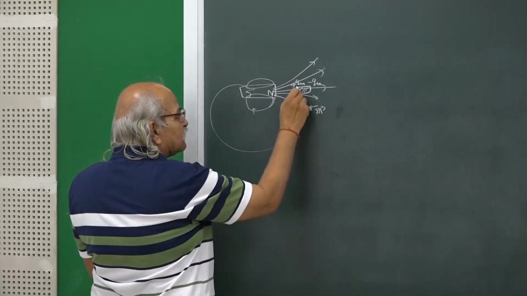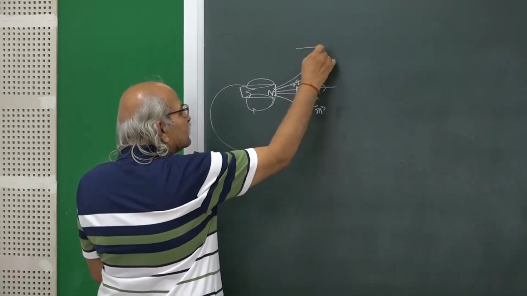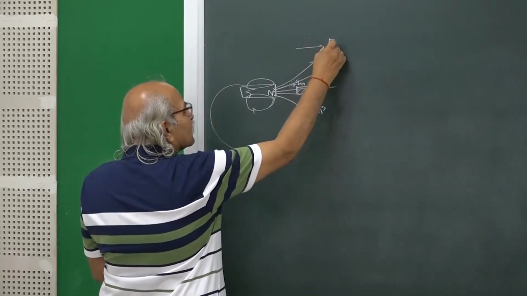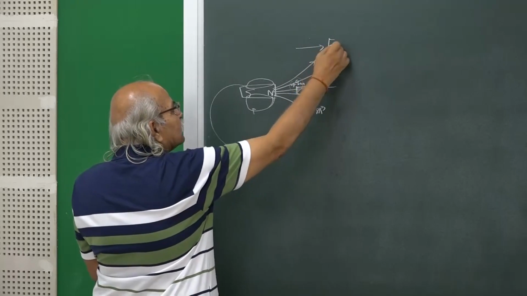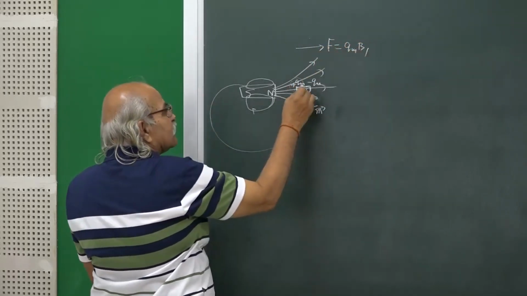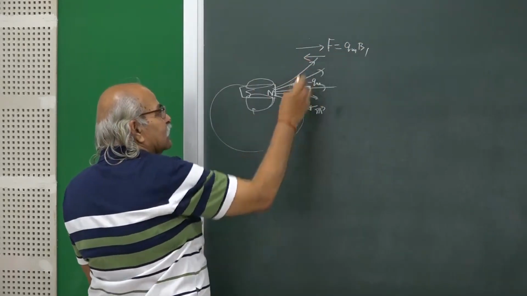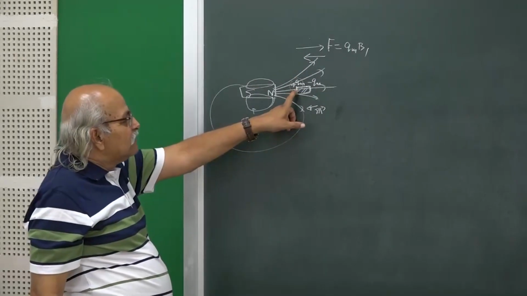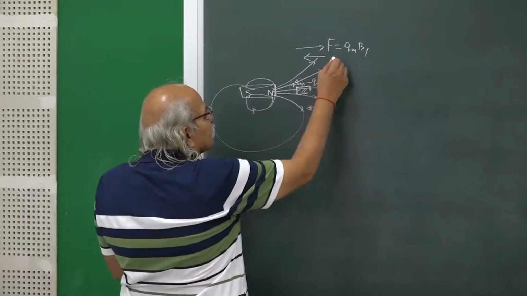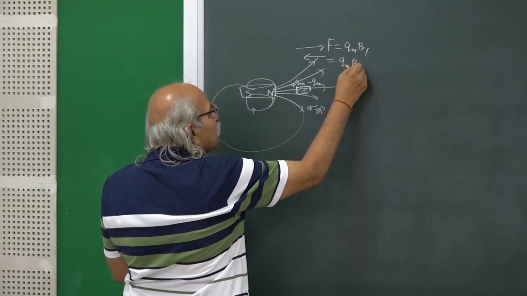So, the force on this plus qm will be in this direction, which will be qm times b1, and for this the force will be opposite. Since the magnetic field has become weaker here, this is qm times b2, and b2 is smaller.